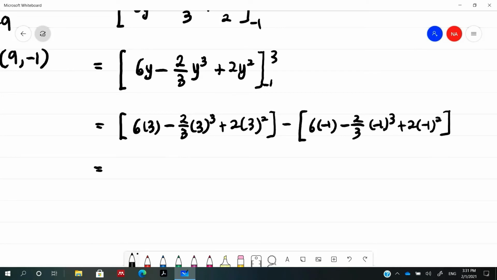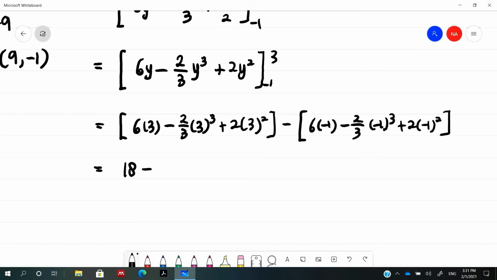All right, so now we calculate 6 multiplied by 3 minus 2 over 3 times 3 to the power of 3, and then plus 2 times 3 to the power of 2. All right, so this one should be 18.